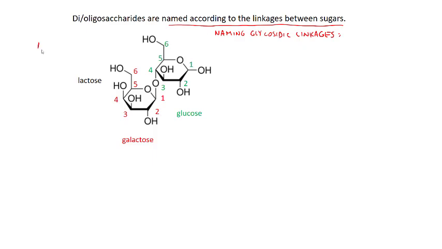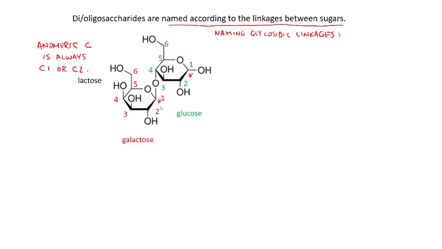So remember, the anomeric carbon is always going to be either carbon 1 or carbon 2. In this case, it's carbon 1 on both monosaccharides. All right, and we're not showing the hydrogens just so the figure is less crowded. So what do we see?